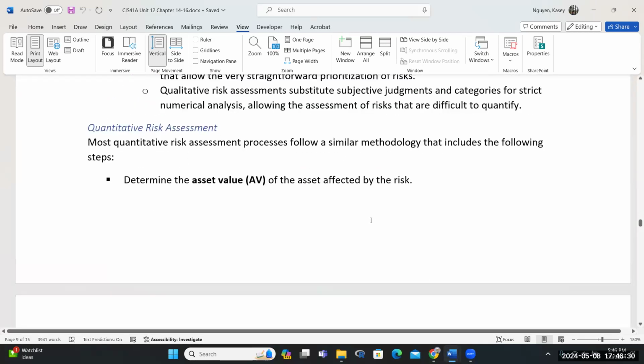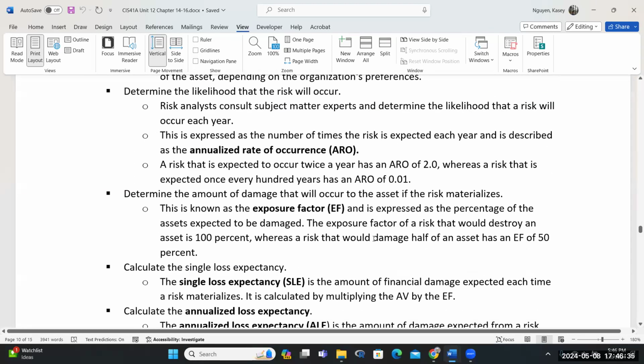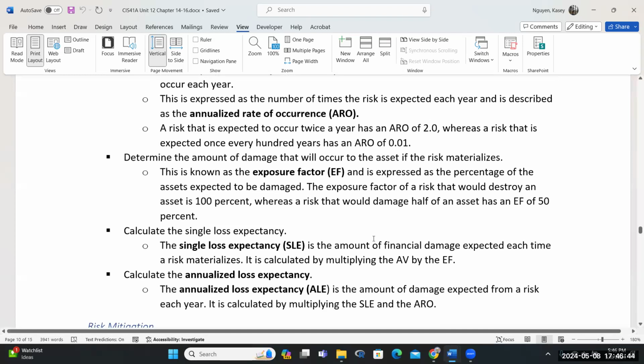So quantitative information is here, right? There's also exposure factor. We didn't really include that in that case. But that determines the amount of damage that the asset could incur. So if you expect 100% damage, right? Think about car accidents when you hear exposure factor, right?